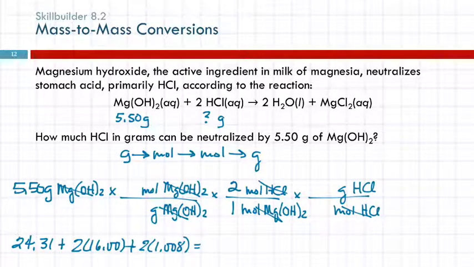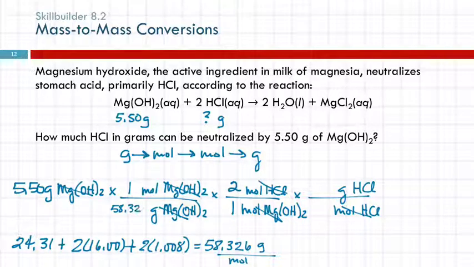So 24.31 plus 2 times 16 plus 2 times 1.008, 58.326 grams per mole. Again, the easiest thing is just to write all the digits in here. It's not going to hurt anything.